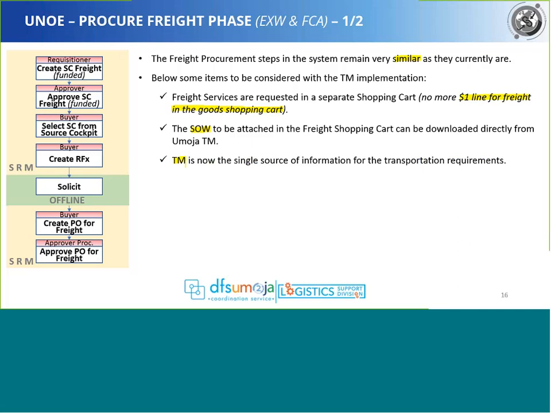So all the transportation requirements besides the statement of work document are available in TM. So that system is the single source of information for the requirements for that particular shipment. Okay? But the process for the solicitation and to award the freight forwarder remains as it is right now. Okay?